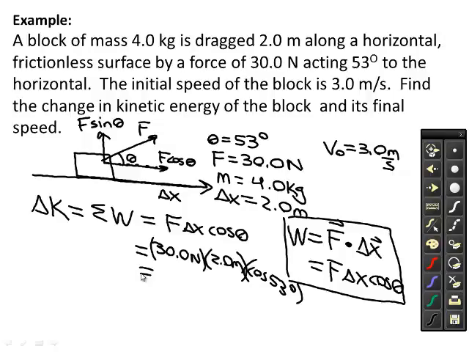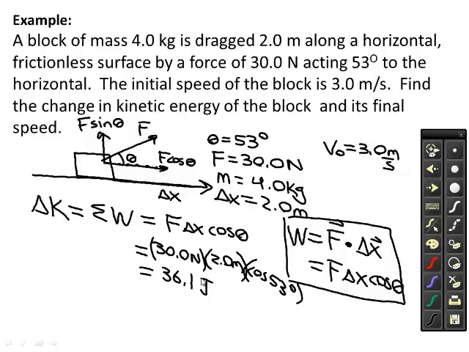So 30 times 2 times the cosine of 53. Doing this in degree mode, we get about 36.1 joules of work, which means the kinetic energy went up by 36.1 joules. Okay?